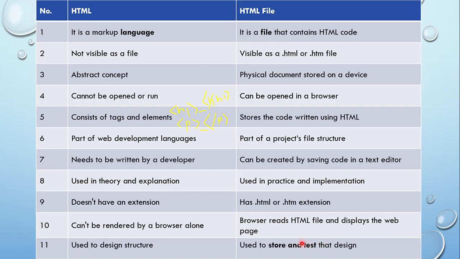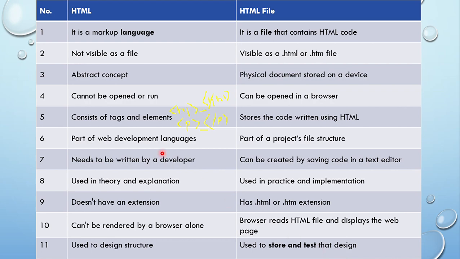Here we can only form the design structure, but an HTML file is used to store and test that design, whether the web page is working accordingly or not. If it is not, we go back to HTML, change some code instructions, create the HTML file again, and run that code in the web page to check whether it is running accurately as the developer needed.